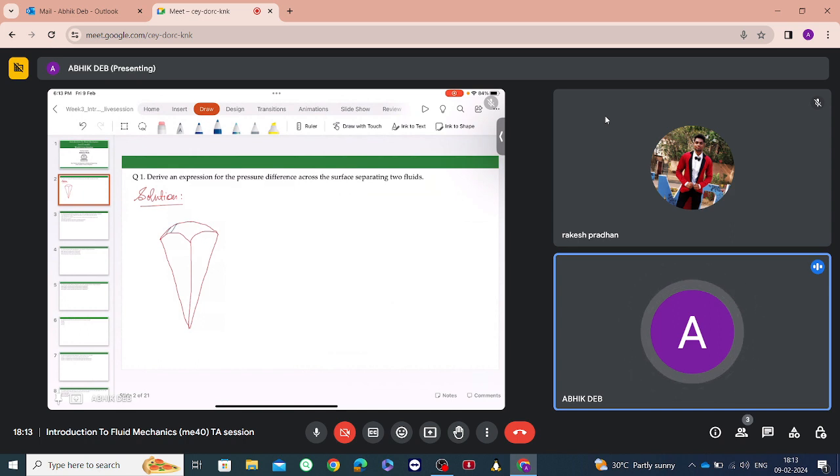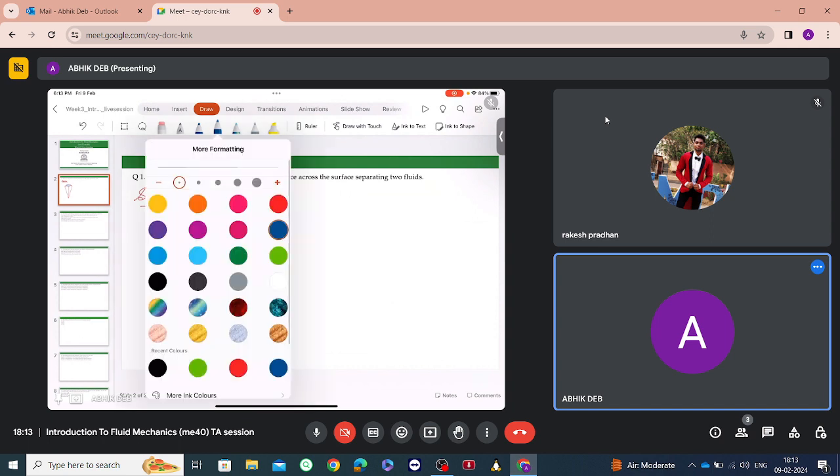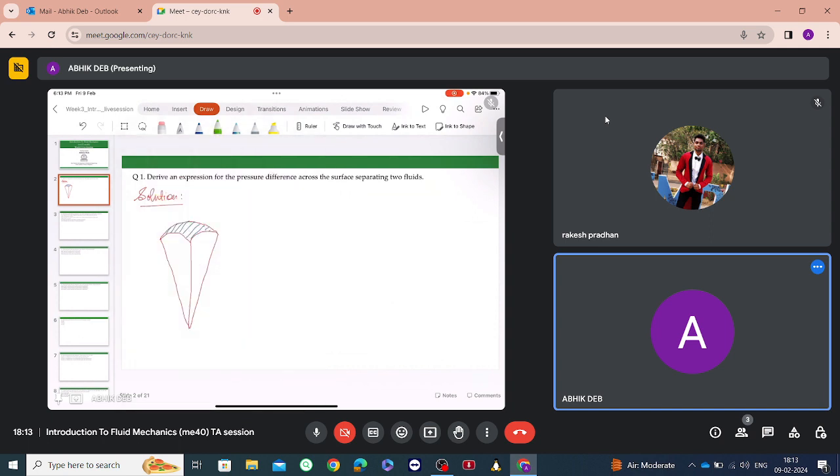So this is the membrane, and let this angle be d theta 1 and d theta 2, and this is r1, and this is r2.